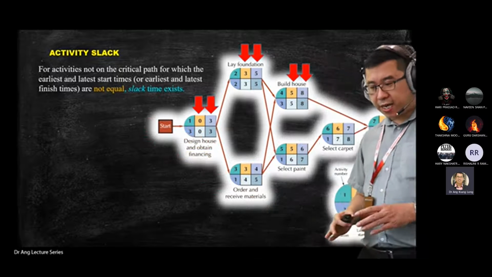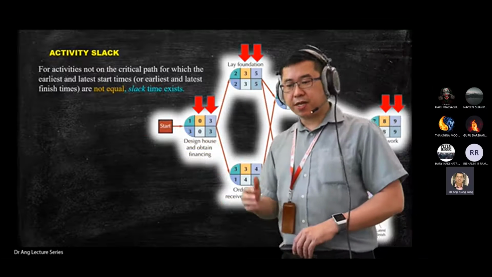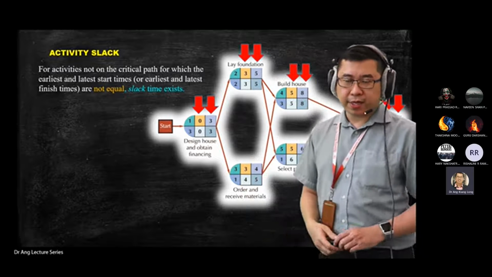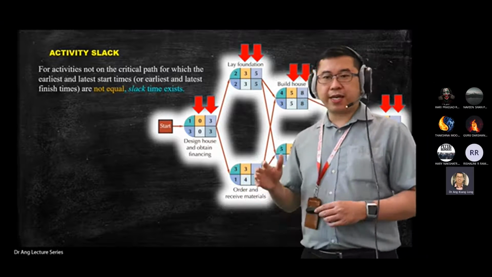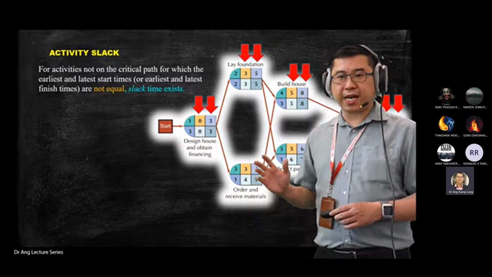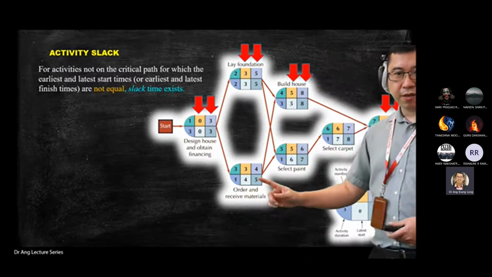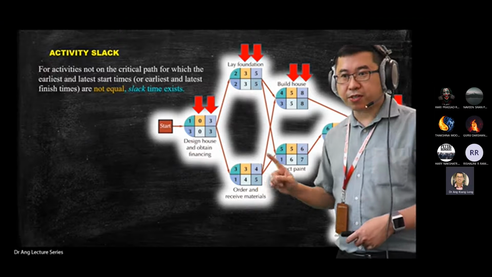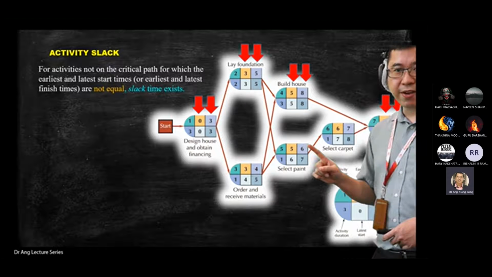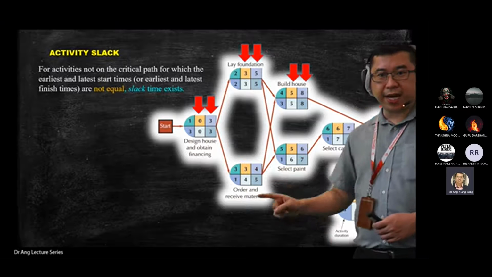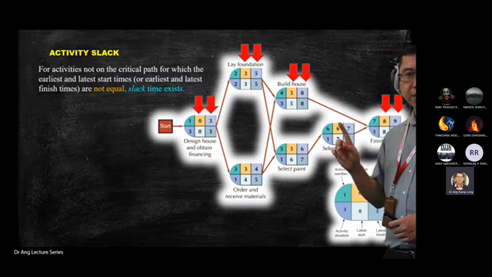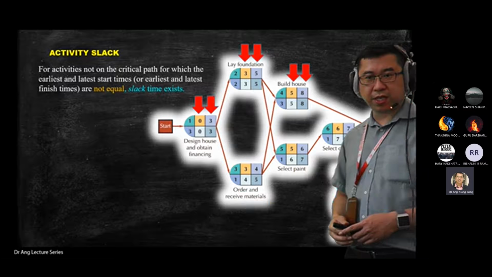Another word for slack time means there is an open window that you can play around and you can afford any delay on activities 3, 5, and 6. Meaning you can allow any delay in these 3 activities.